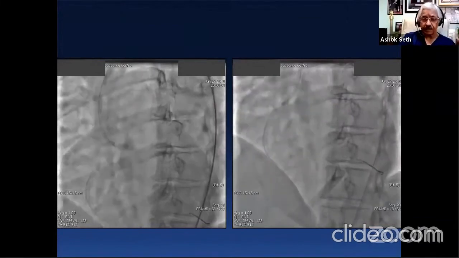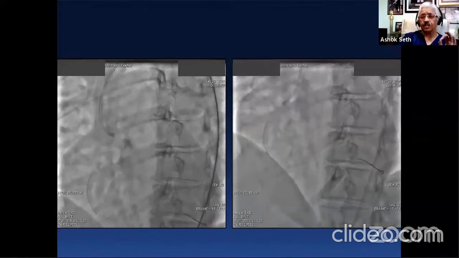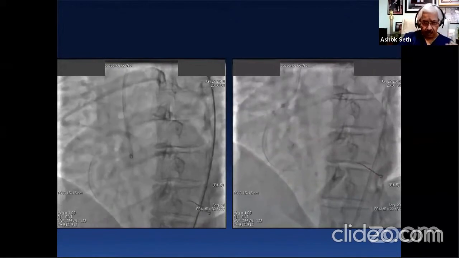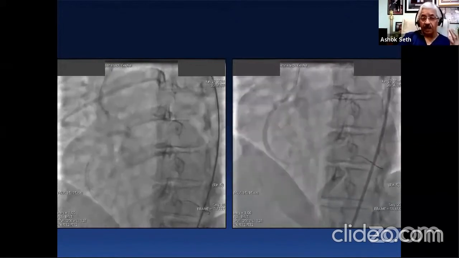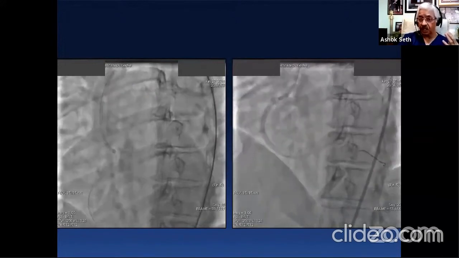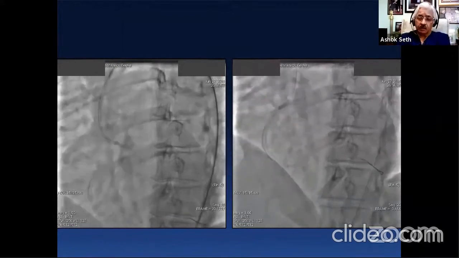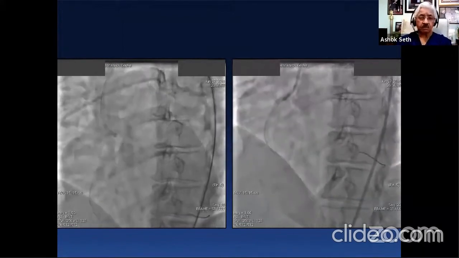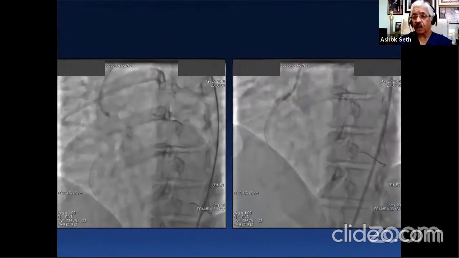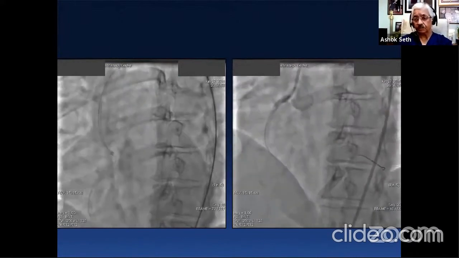CT coronary angiography is one of the clear indicators of assessing anomalous coronary arteries. In fact, that has class 1A. By the way, MRIs have a class 1B indication now, and you have a combined assessment of these by doing, say, stress MRIs, which are getting more and more investigated in these patients. Thank you.